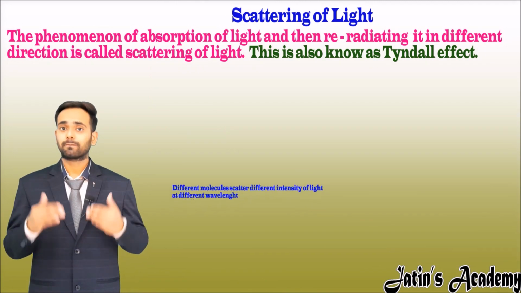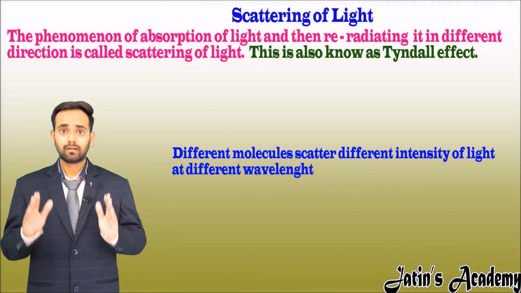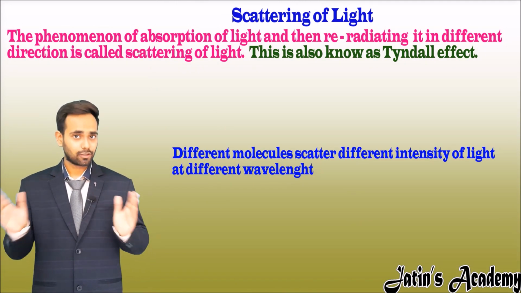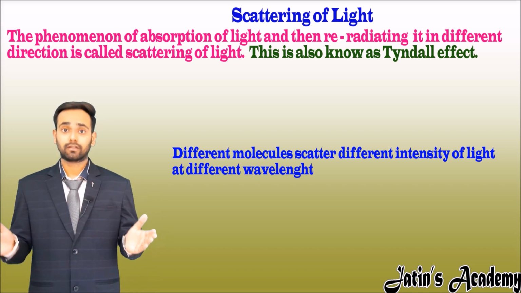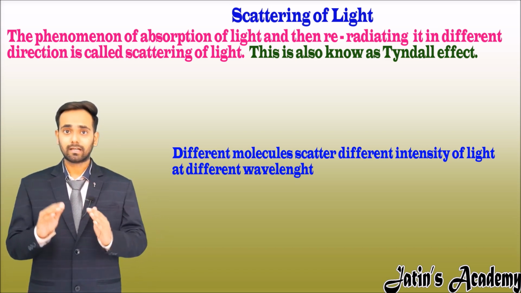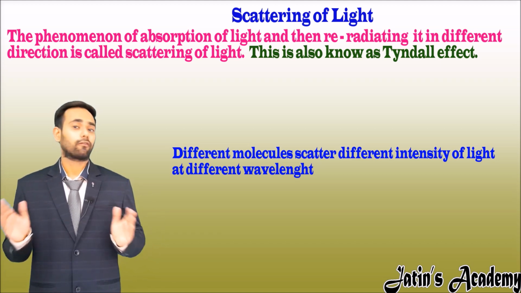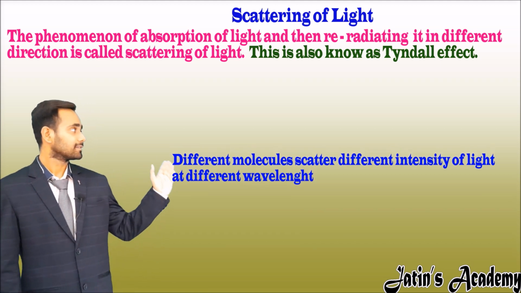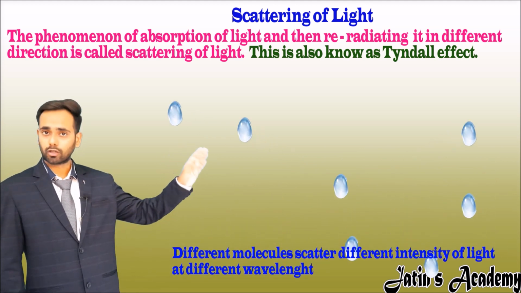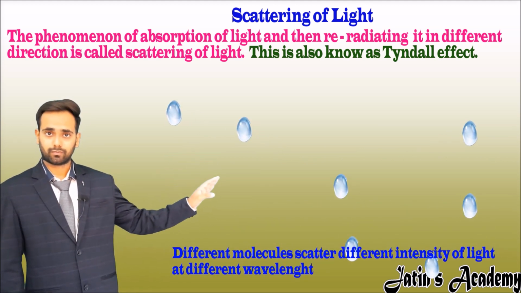Different molecules present in the atmosphere give different intensities of light at different wavelengths. So first of all, let us understand how a molecule gives intensity of light of different wavelengths. We are taking a water molecule present in the atmosphere.